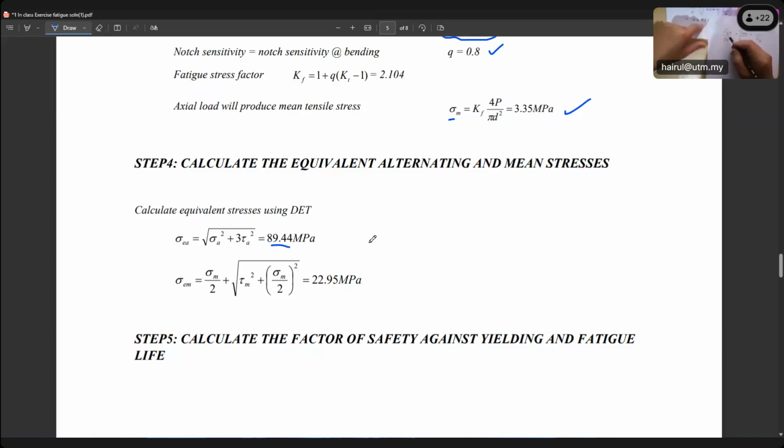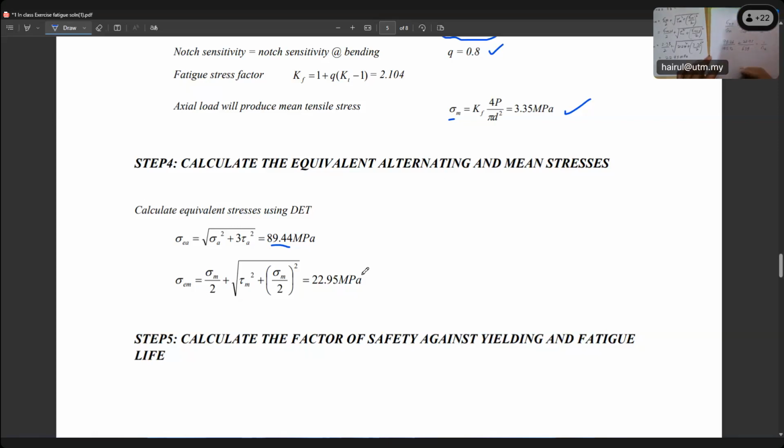So sigma EA that we calculated just now is 78.26. SN, the endurance limit that we calculated from the beginning, is 195.72, plus sigma EM that we calculated is 22.95 over SUT from the material, which is 638 megapascal, equal to 1 over safety factor.